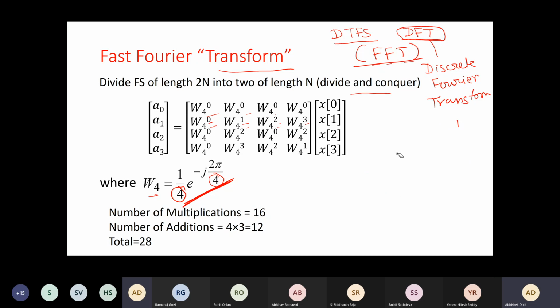If you look at that summation, this complex exponential e to the power j omega naught kn. Omega naught in this case is 2 pi by 4. So that is done. The kn, what is the k and what is the n? That will decide the power of W4.